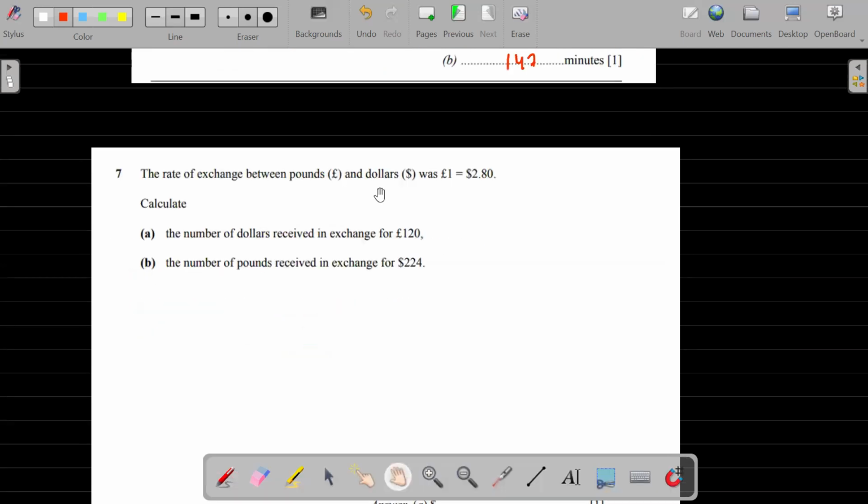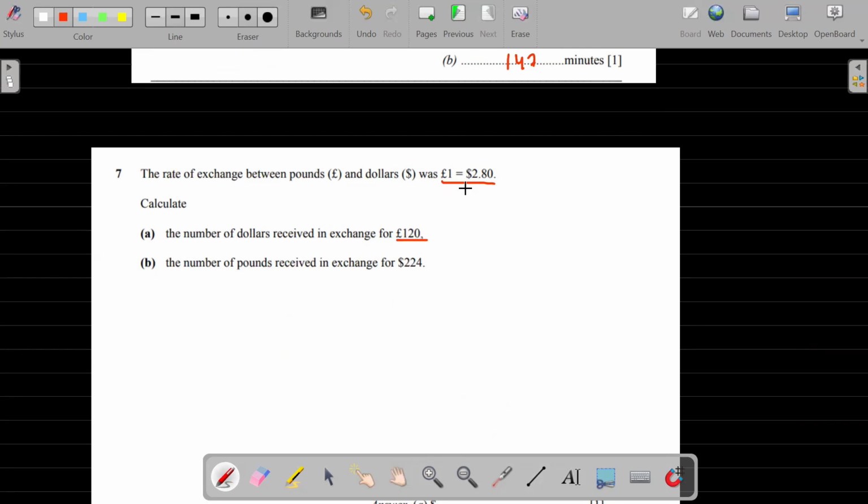Alright, this is also exchange rate. The rate of exchange between pound and dollar was this. Calculate the number of dollars received in exchange of this. Okay, Fatma, this is our exchange rate. So we have to convert first pound into dollars. I am going to use the same method which I used to follow.